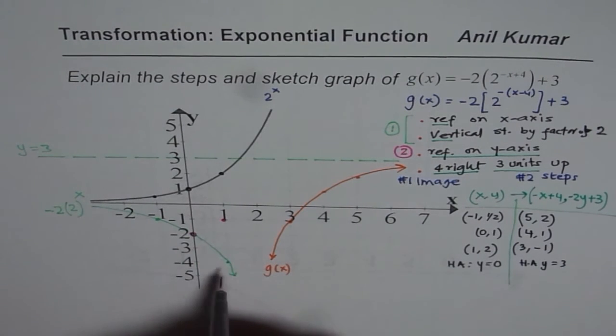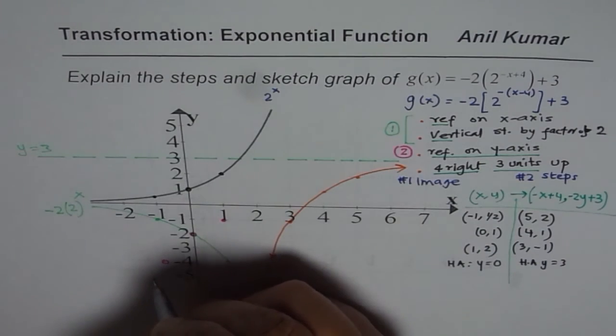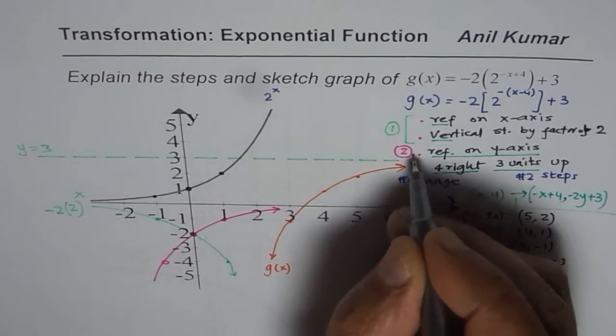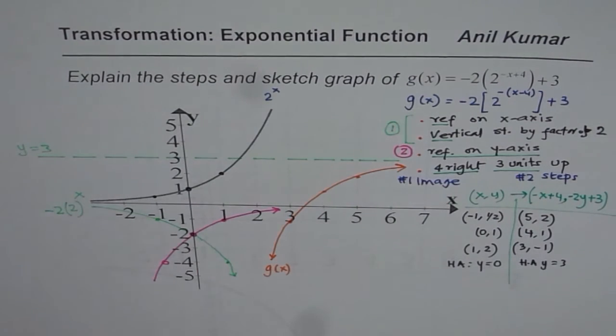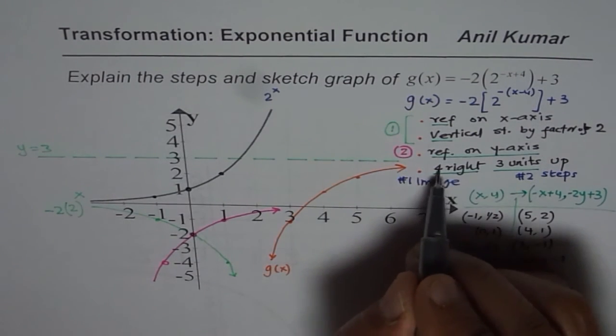This will remain here, and that will come 1 unit to left, right? So these points will be moving this side. So I could sketch this graph. I'm going to sketch it slightly lighter. So this is after step number 2.